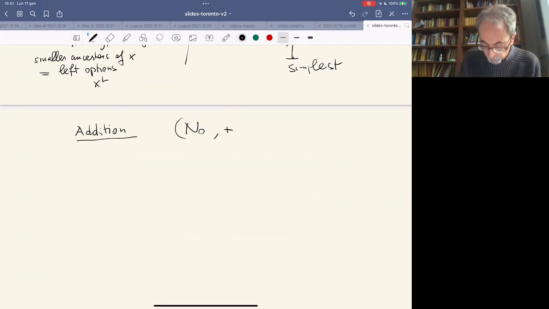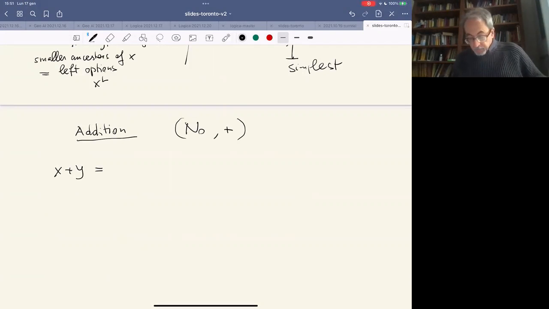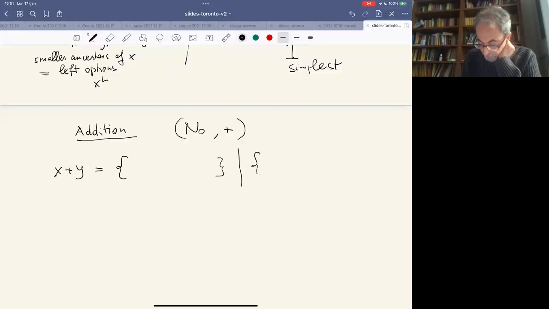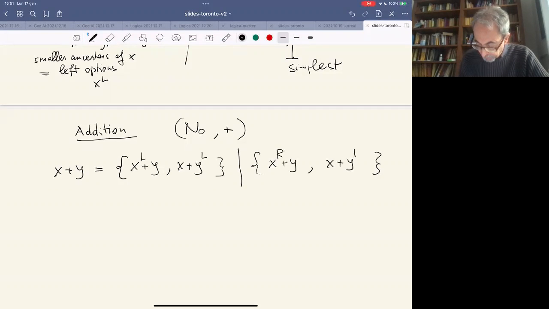You want to define addition of two surreal numbers. So you want to do X plus Y. X plus Y is defined as follows. It is the simplest element which is between two suitable sets. What are the sets? I write it this way: XL plus Y, X plus YL, and here you put XR plus Y, X plus YR.